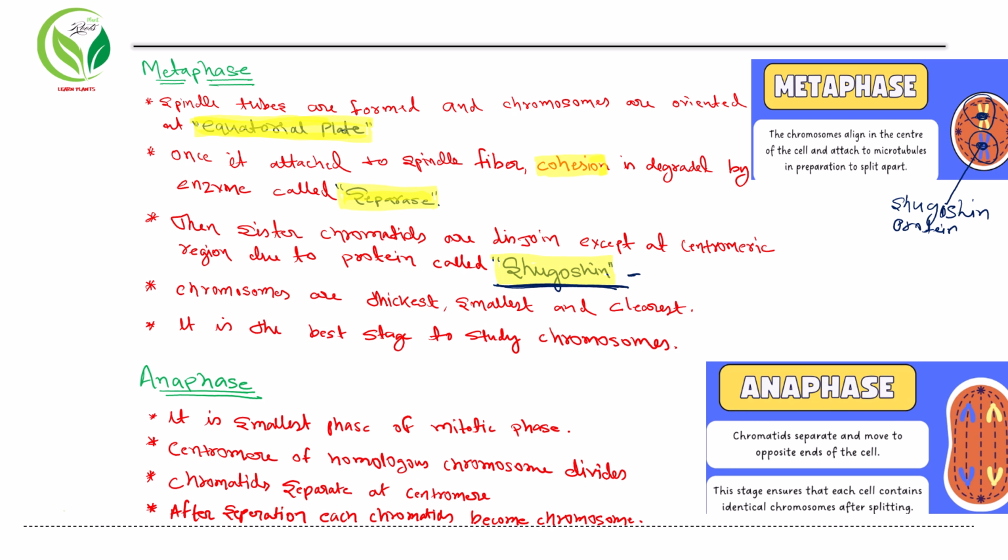Okay. Here you can see this stage ensures that each cell contains identical chromosomes after splitting, and chromatids separate and move towards the opposite end of the cell.